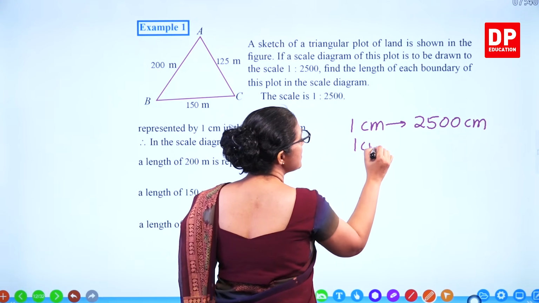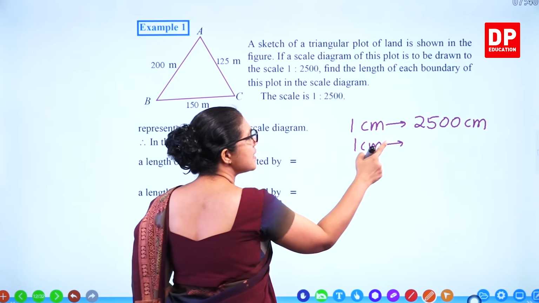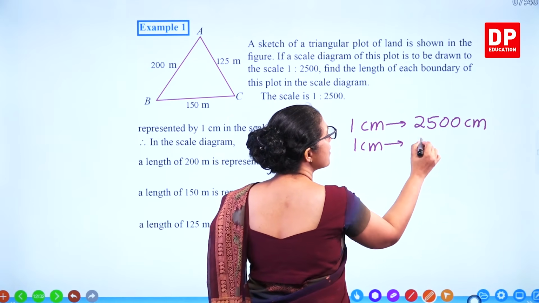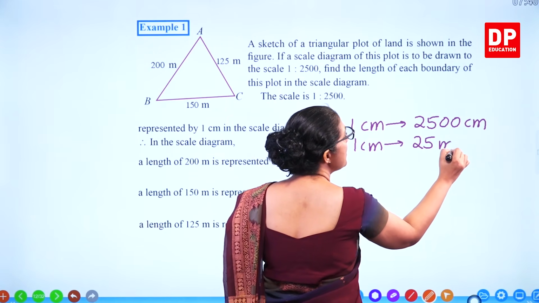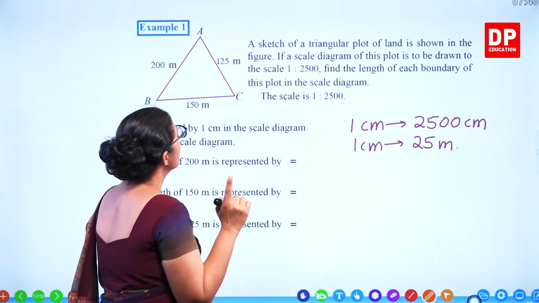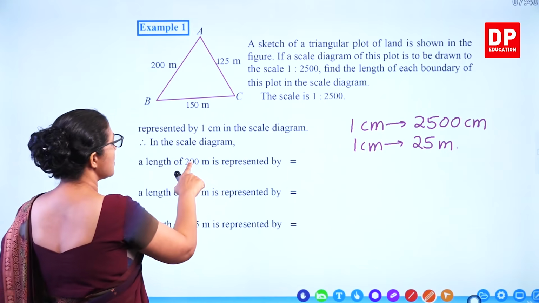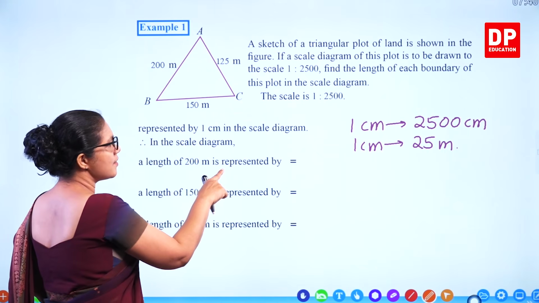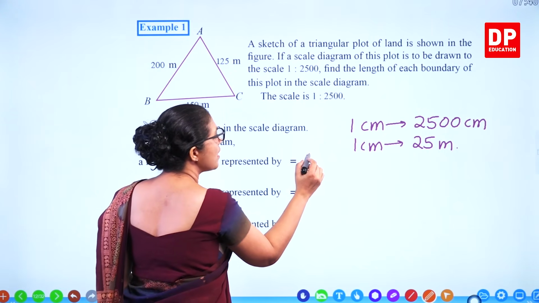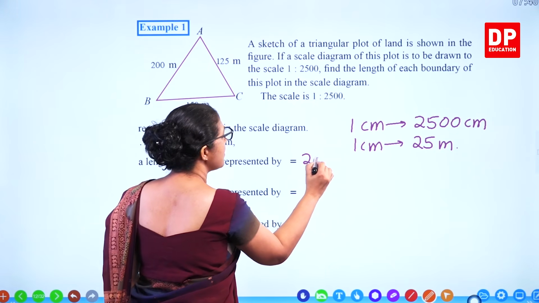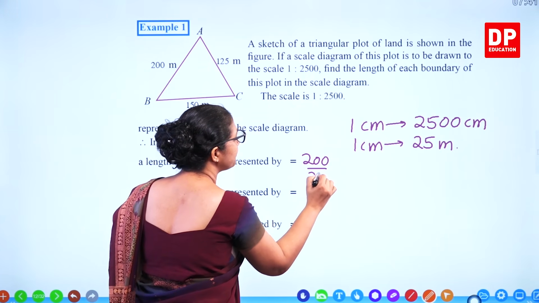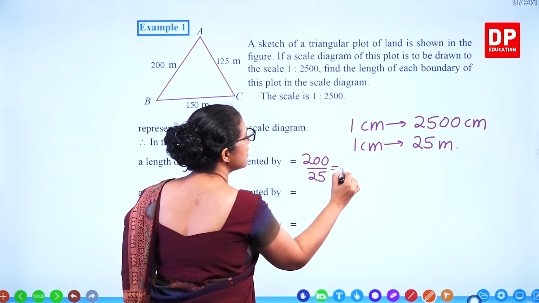What is 1 centimeter representing in meters? Divide by 100, 25 meters. So 25 meters is 1 centimeter. What is 200 meters? You have to divide by 25. So 200 divided by 25, you get 8.